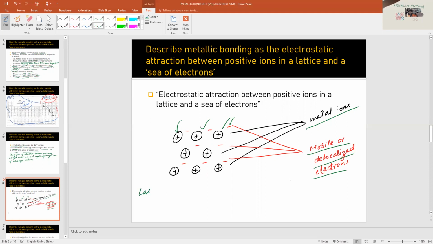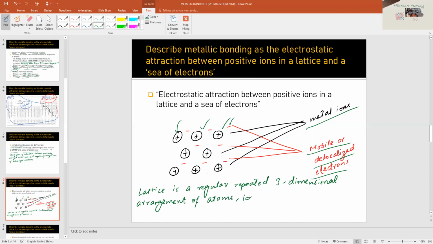Lattice is a regular, repeated, three-dimensional arrangement of atoms, ions or molecules in a metal or other crystalline solid.